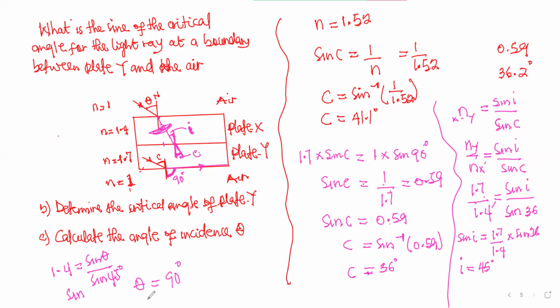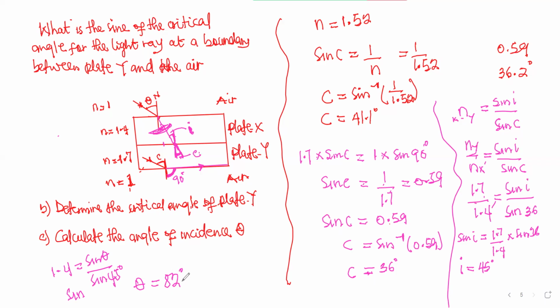So it's 81.87. So sine inverse of 0.9899. So I got 81 points, approximately 82.